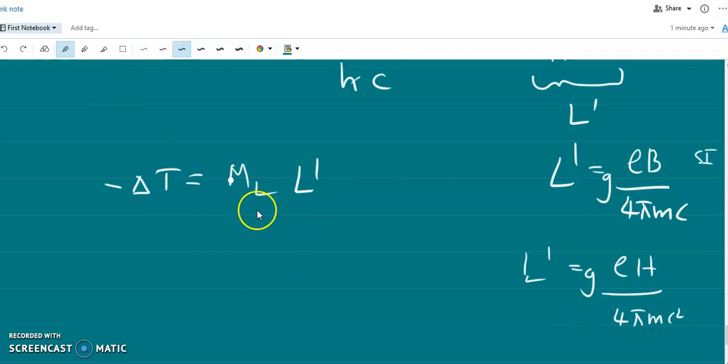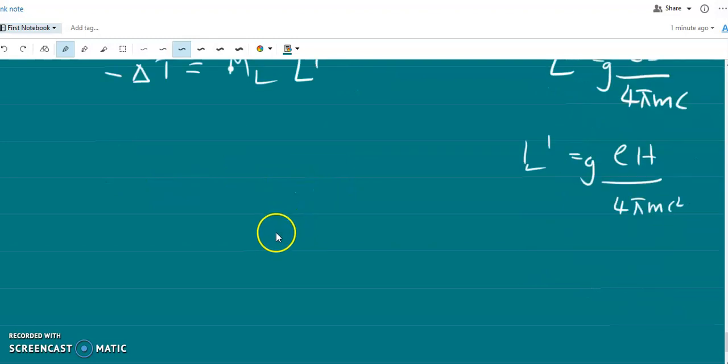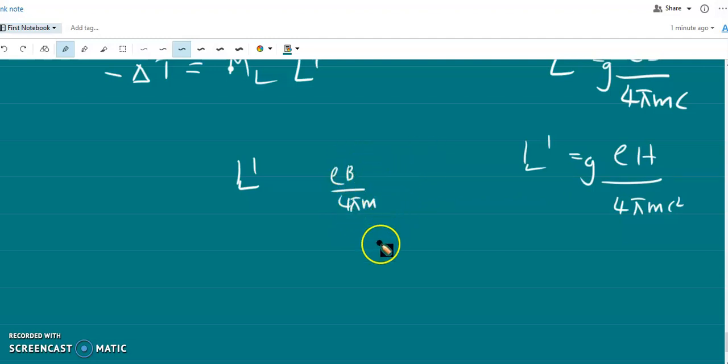From this we can see that the wave number separation between any two consecutive Zeeman levels is L prime. We said the frequency separation is EB/4πm. The corresponding wave number separation is frequency by C, that is EB/4πmc, which is equal to 1 Lorentz unit.